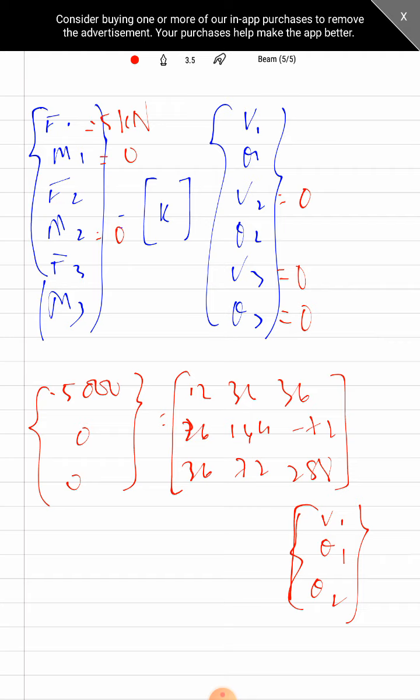Okay, so now you have 3 equations with 3 unknowns. You should be able to solve this.